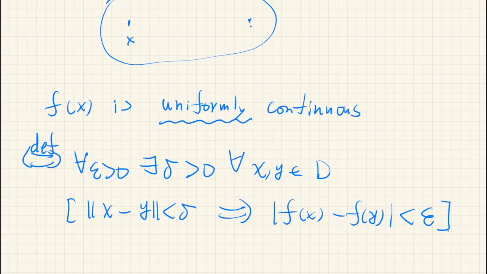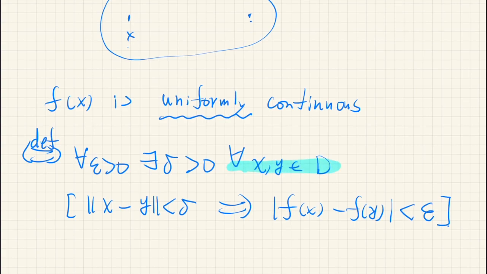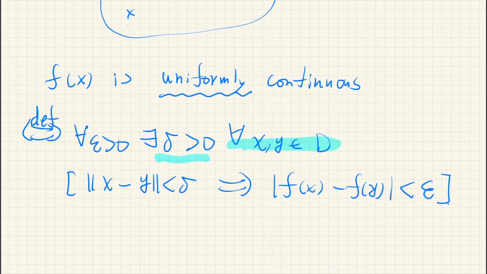Here both x and y are quantified together, so the value of delta does not depend on the value of x. That's what we mean by uniform continuity. The value of delta doesn't depend on where x and y are, so this continuity condition is uniform throughout the set D.